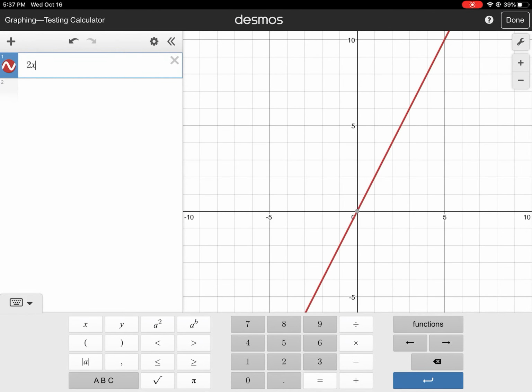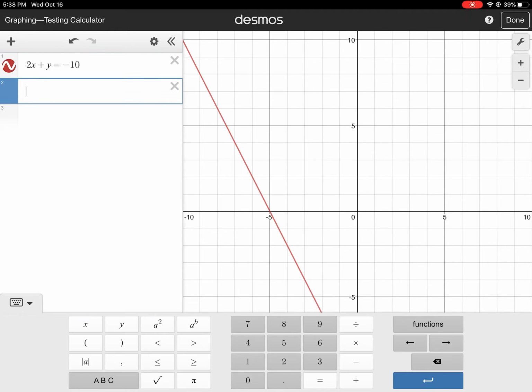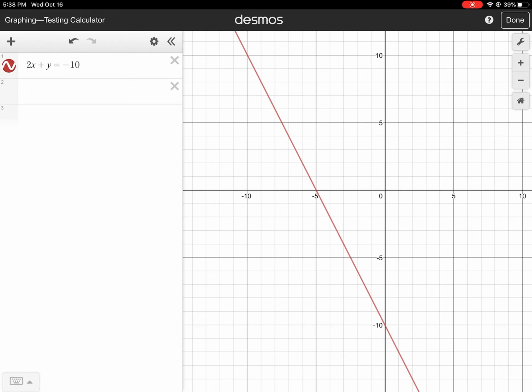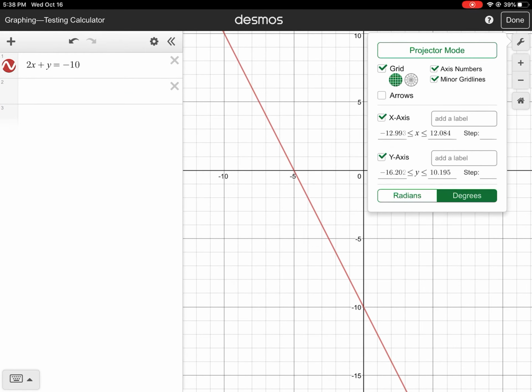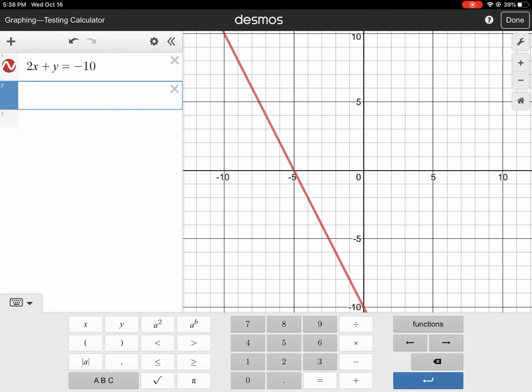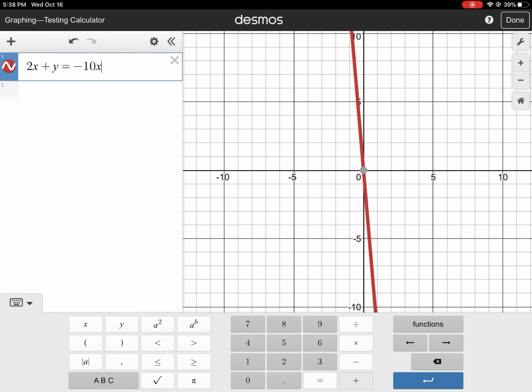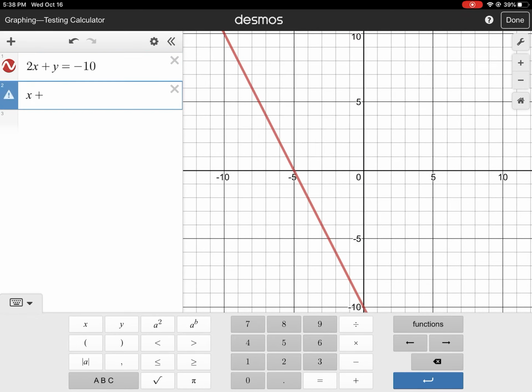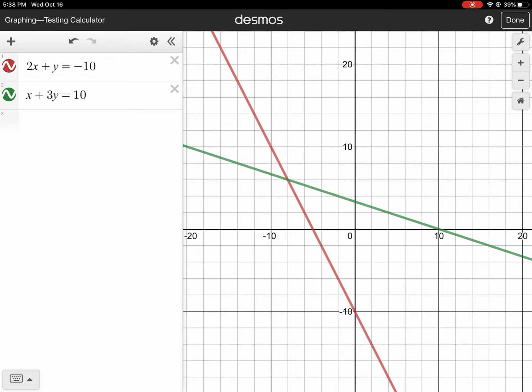Now I'm going to hop over to Desmos and show you something. So you should be taking notes, and if you're not, you're wrong. But I'm going to go ahead and type both of these equations into Desmos. So if I were to graph these, I would have 2x plus y equals negative 10, and it already graphed it for me, so I didn't have to do much of the graphing myself. And then I have x plus 3y equals 10.